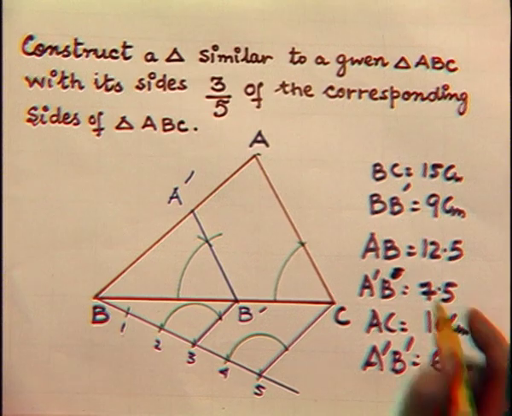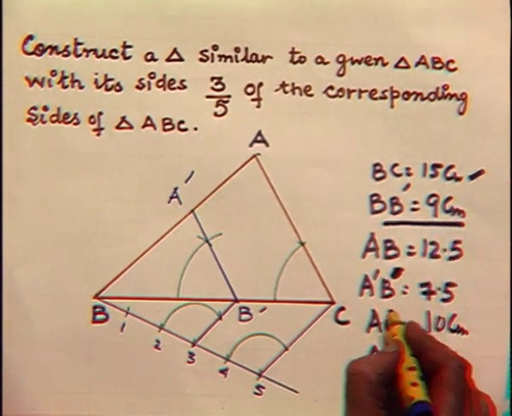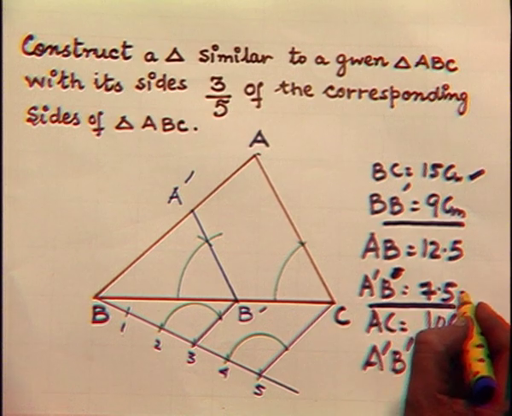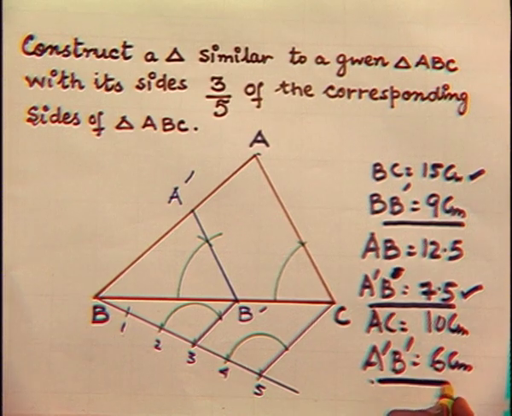So, here we see that BB dash is 3/5 of 15, A dash B is 3/5 of 12.5 and A dash B dash is 3/5 of 10 centimeters, that is 6 centimeters.